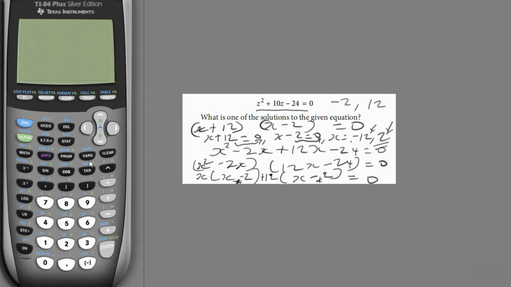So 144 minus 120 gives you 24, and 24 minus 24 gives you 0. So negative 12 as the value of x is still valid. So the value for x for this question is either negative 12 or 2, but we usually take the positive value, which is 2.